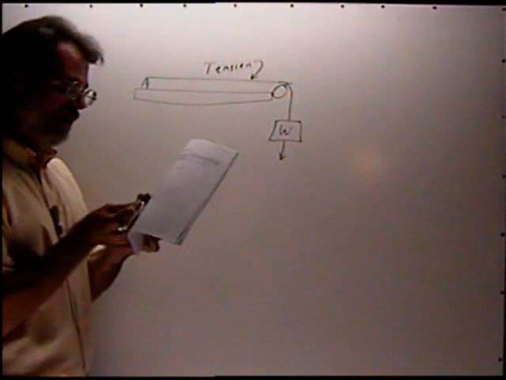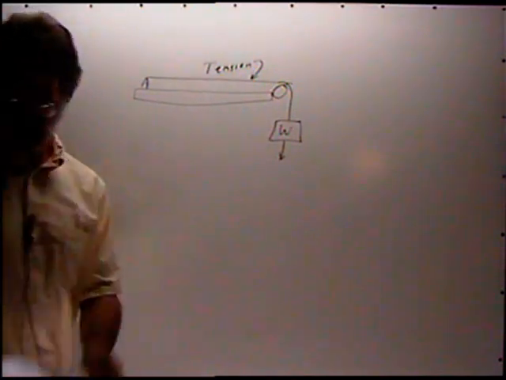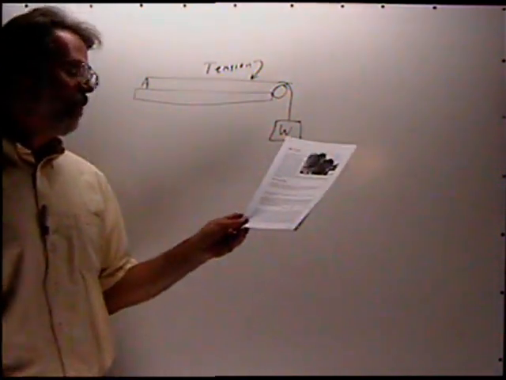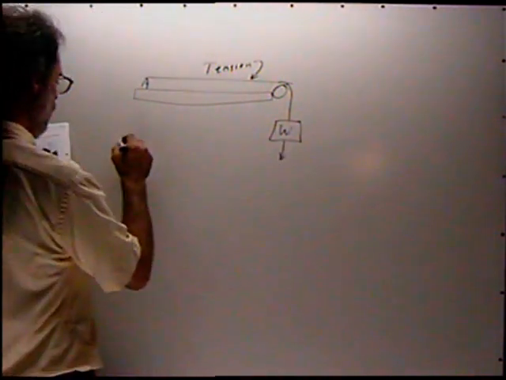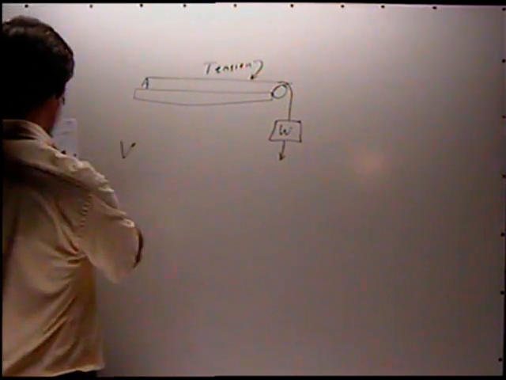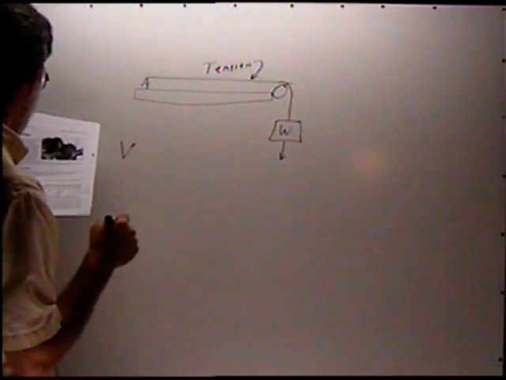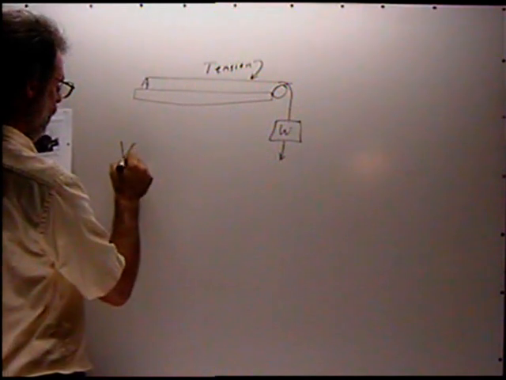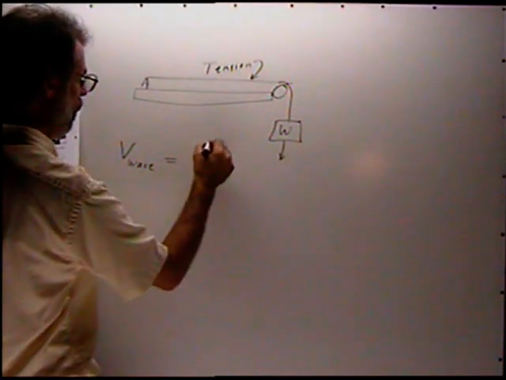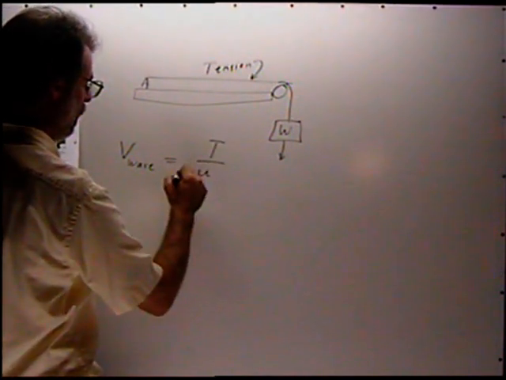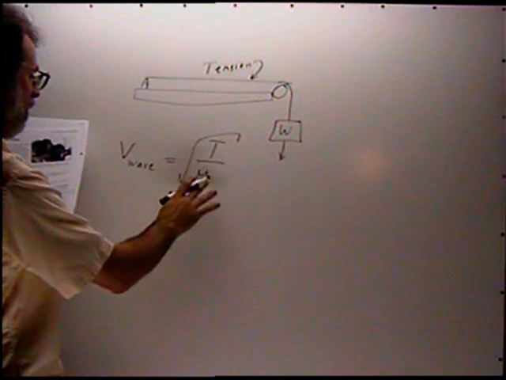And the more weight you add, the higher the tension, the frequency goes up. Okay. Well, how does the frequency go up? That's the purpose of the little paper that I give you. Basically what this says is that the velocity of the wave traveling down the string is equal to the square root of the tension divided by some constant.